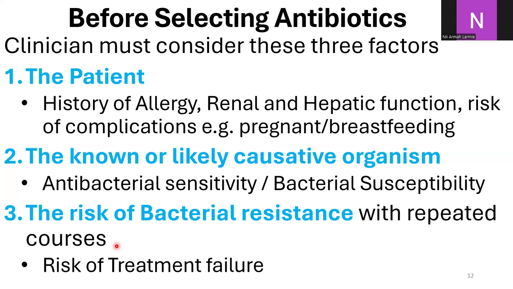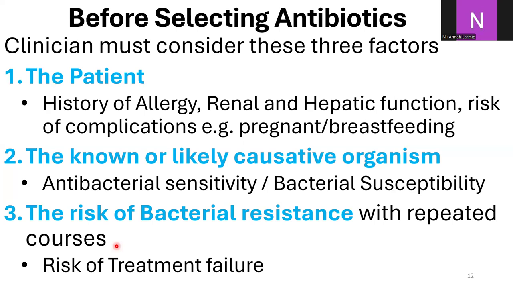Secondly, you want to know what organism you are dealing with so that you can target that organism and not go in broad spectrum, and it also helps in the selection of the appropriate antibiotic so that you do not necessarily kill the so-called natural flora. And then finally, you always have to remember that every antibiotic can be resisted by bacteria if abused.